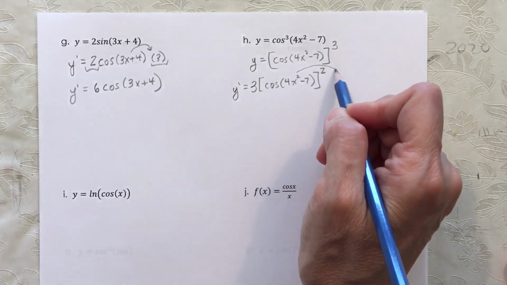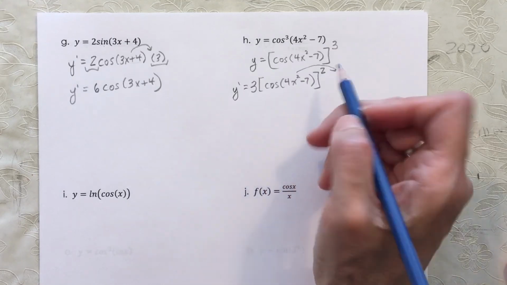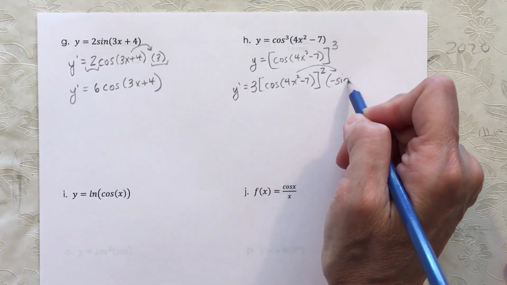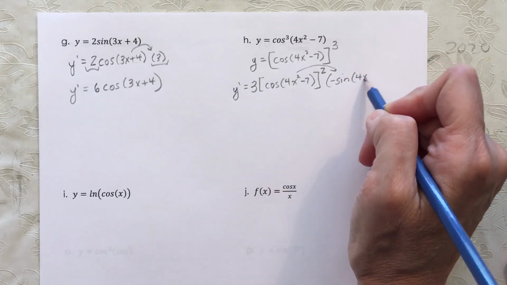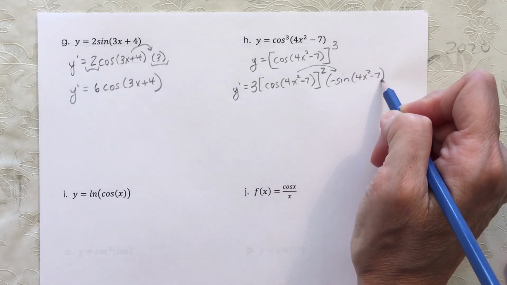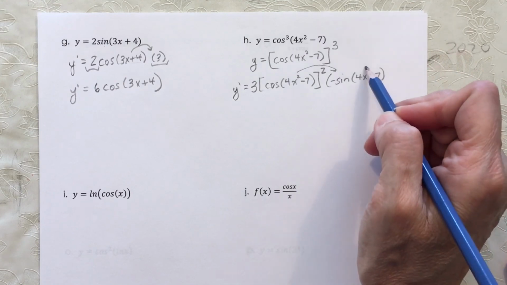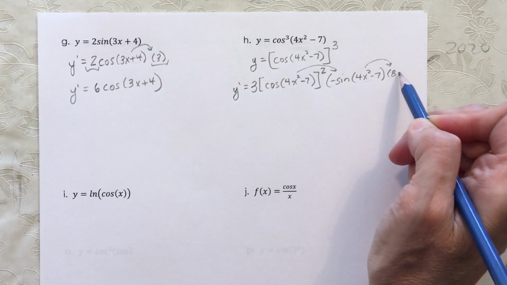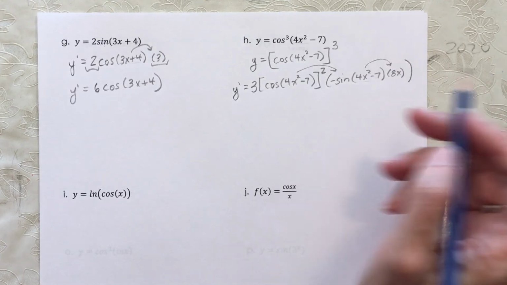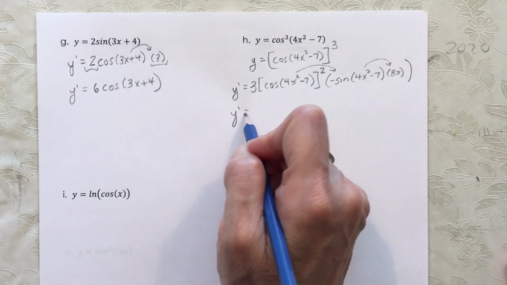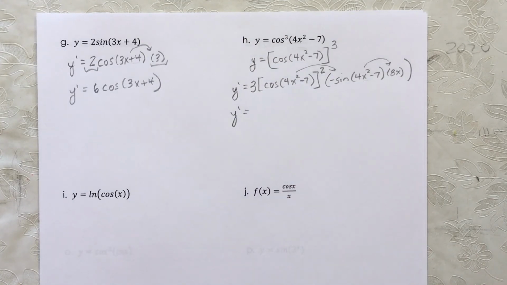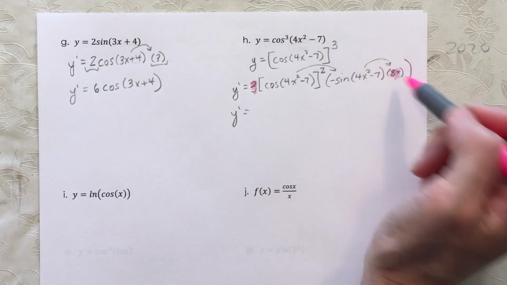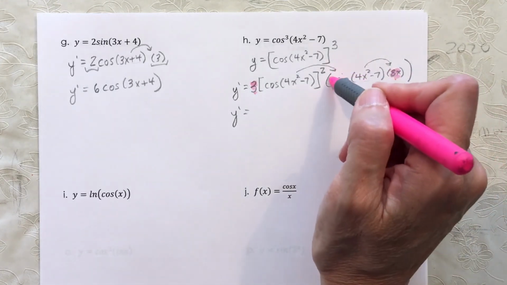Now the inner derivative, the derivative of what's inside here: the derivative of cos is negative sine of 4x squared minus 7, but that's still multiplied by the derivative of what's inside, the 4x squared minus 7, which is 8x. So then how would we simplify that? Here's a monomial, 3, and another one, 8x, and another one, negative 1 here.